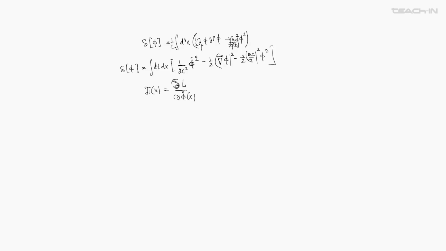So the Lagrangian is the integral over dx of this expression. And so you see that if I take the variation of the Lagrangian with respect to phi dot, I will find here phi dot divided by c squared.